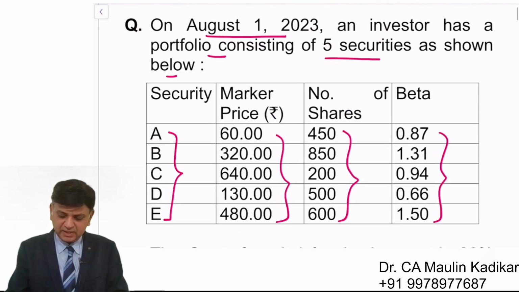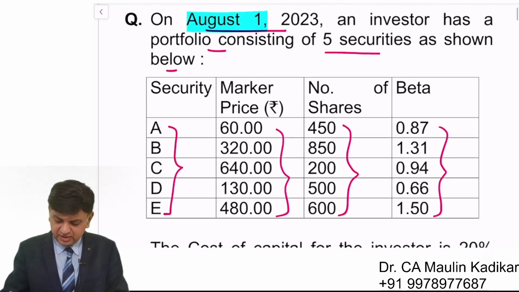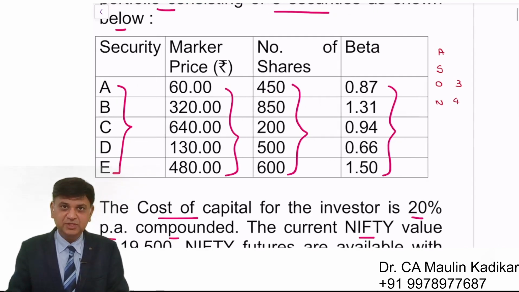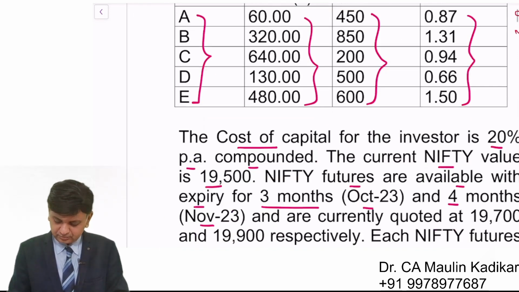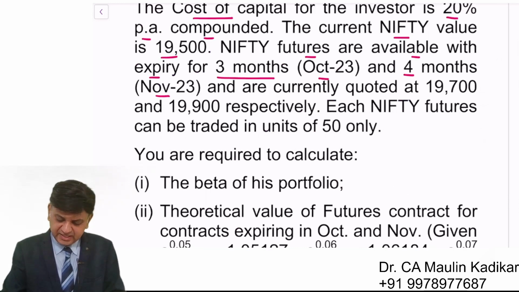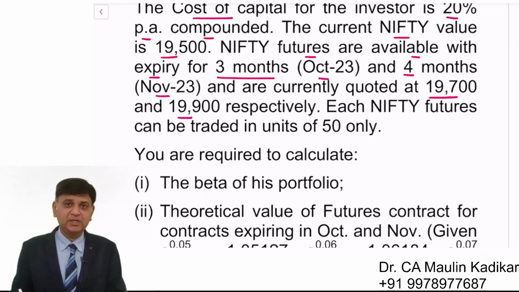So we have been provided with the information that today's date is 1st of August. So basically August, September and October, 3 months expiry information is given, and November, that is 4 months expiry information is given to us, and are currently quoted at 19,700 and 19,900 respectively.